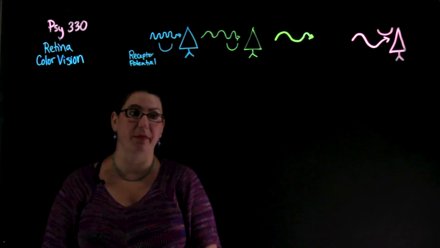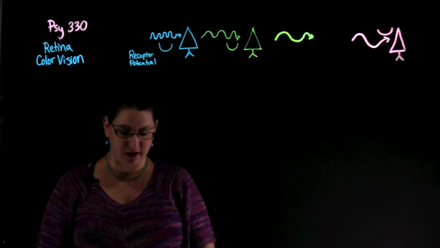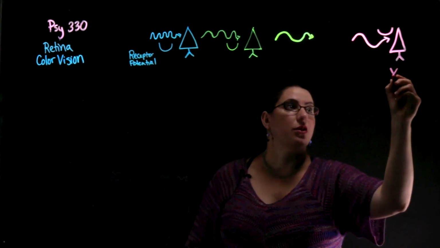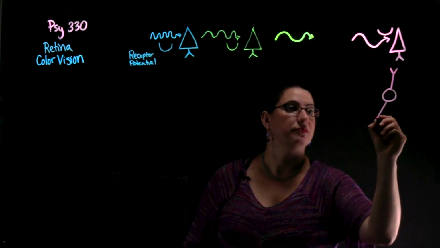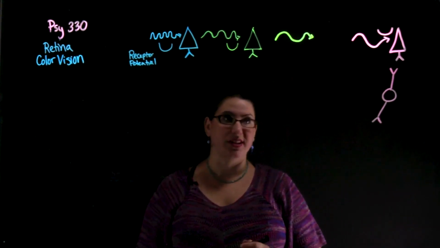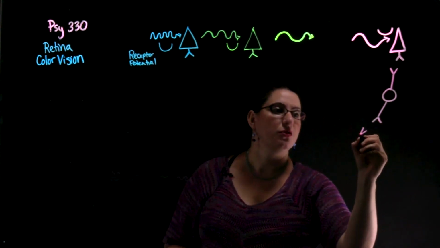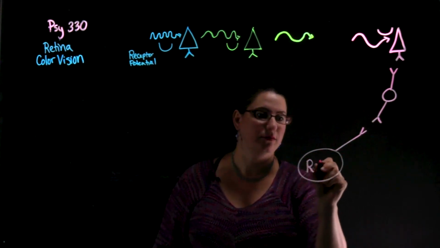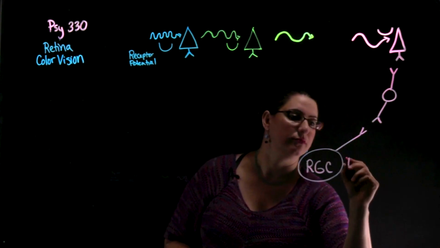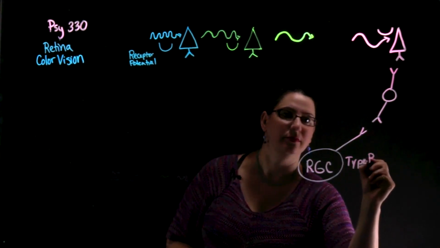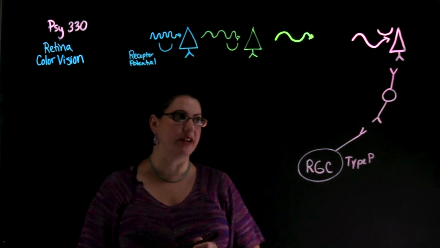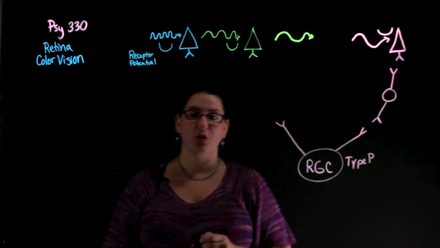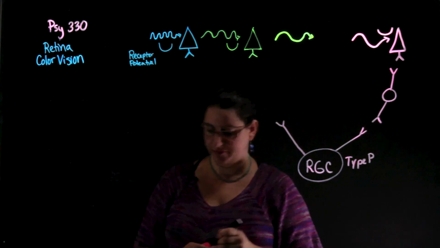Now let's look at what happens to the downstream cells. The red cone, via a bipolar cell, connects to a type P retinal ganglion cell, that is a parvocellular retinal ganglion cell, which is called the red-green retinal ganglion cell.